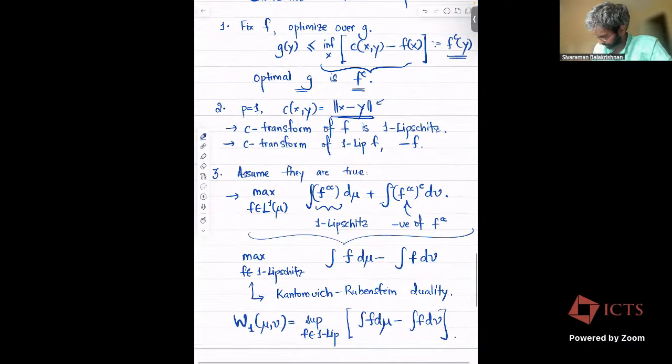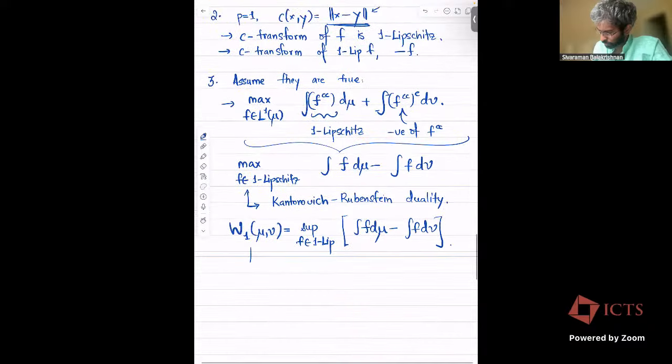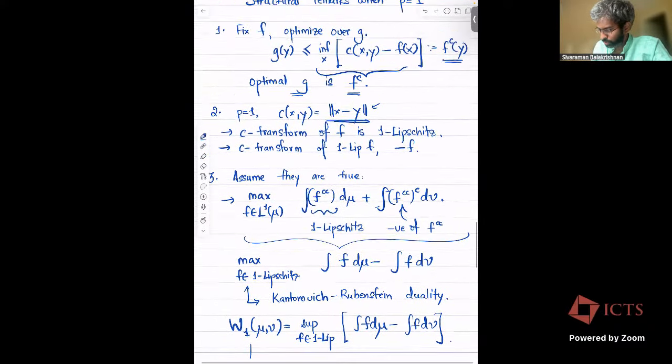Okay, so in the expression of point number 3, you wrote f^{cc}. You've given p equal to 1 and all the assumptions, so f^{cc} is just f, right? Why did you write f^{cc} instead of f?